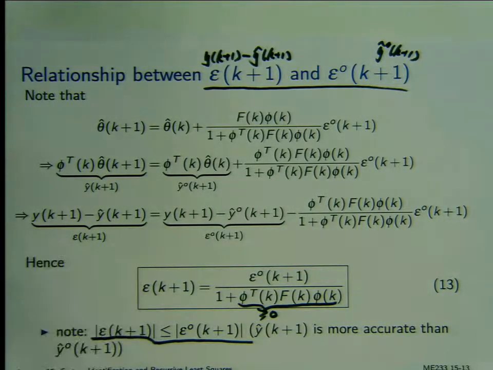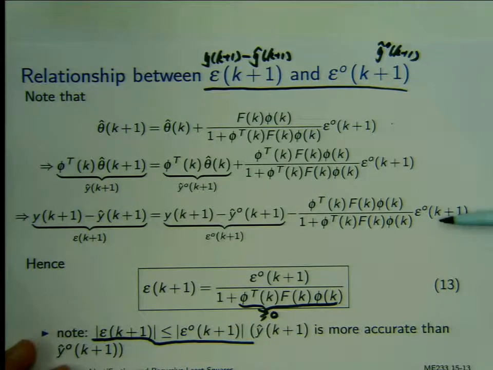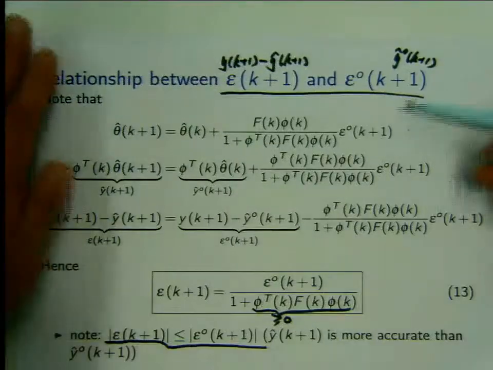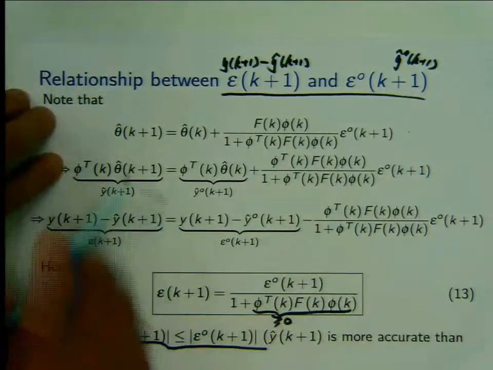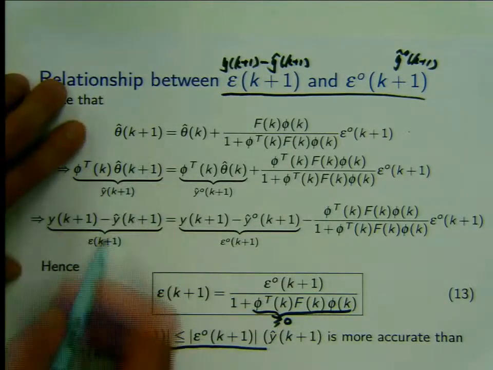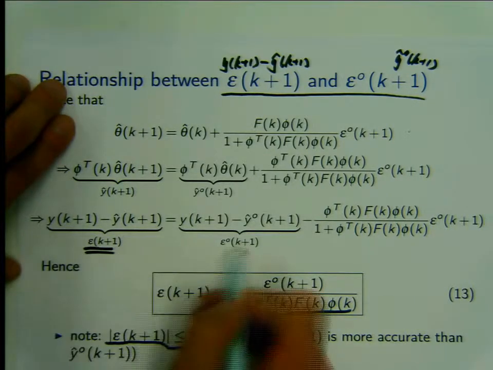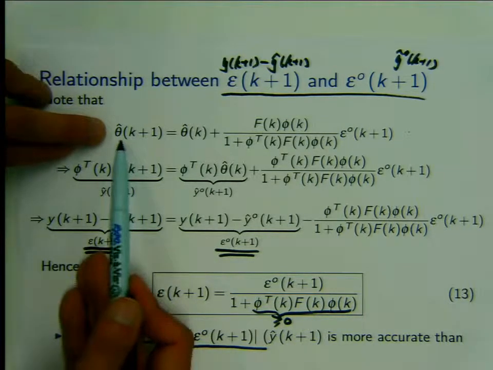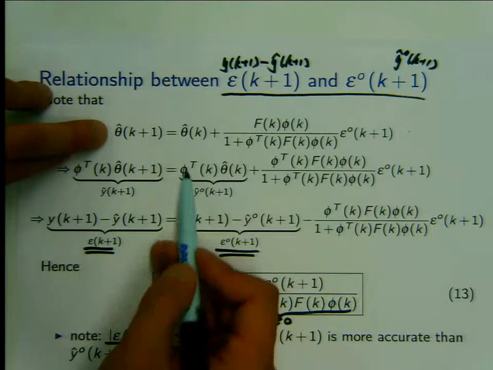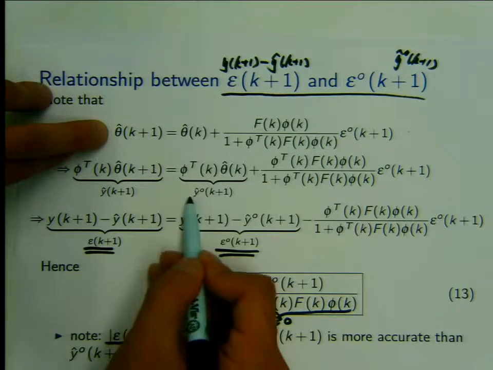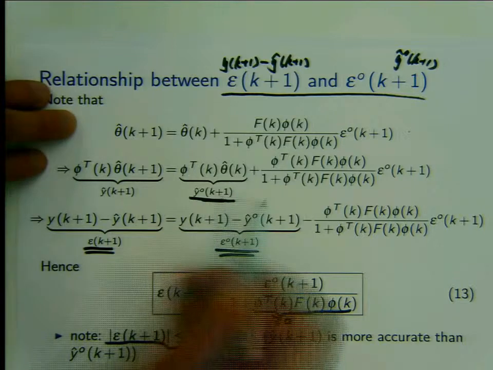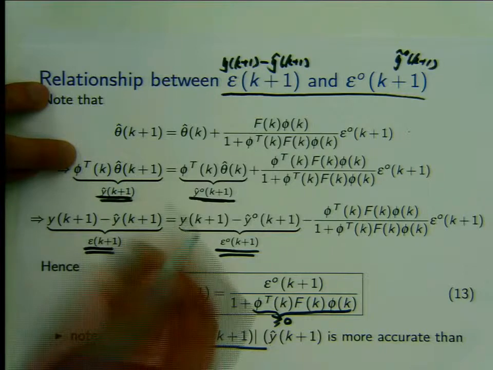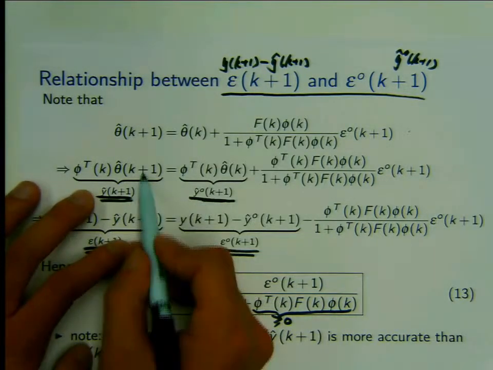This equation is obtained by the following steps. I won't explain every step in detail, but instead look at the result here. You can obtain information of the errors by multiplying phi transpose to this equation. When you do phi transpose theta hat, you immediately get the estimation of the parameter, and phi transpose times theta hat k plus 1 gives the a posteriori estimate using information up to k plus 1.